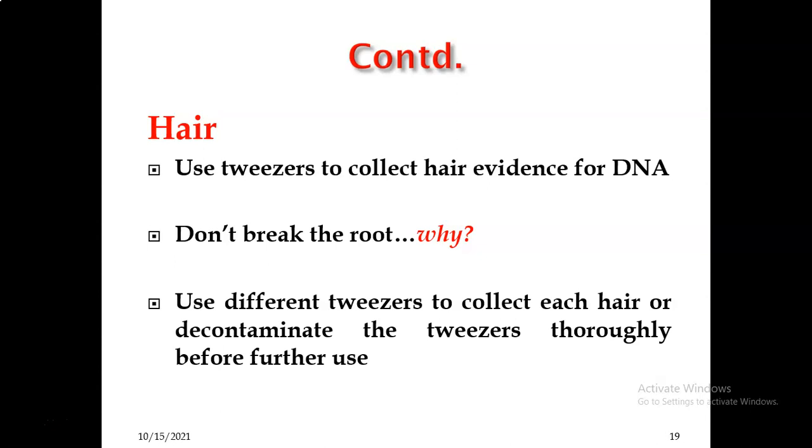Then use different tweezers to collect each hair to avoid contamination. Or if you don't have a lot of tweezers, decontaminate the tweezers thoroughly before further use, using 5% bleach, after which you redecontaminate with 70% ethanol to remove any excess bleach.